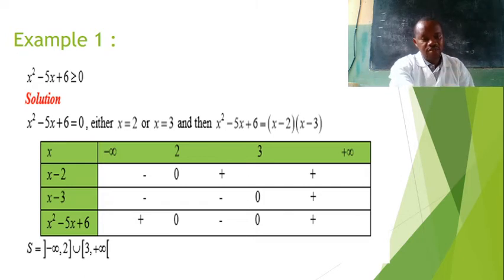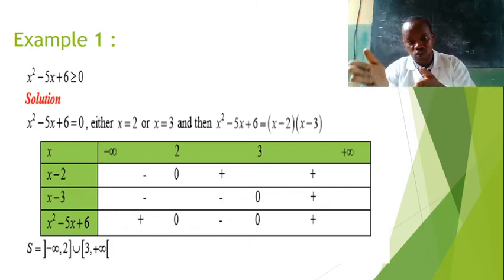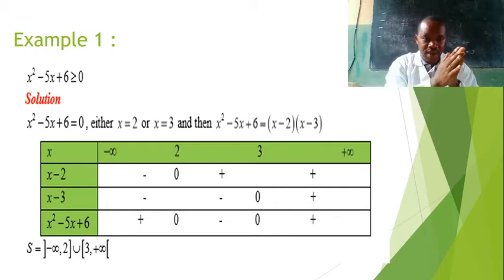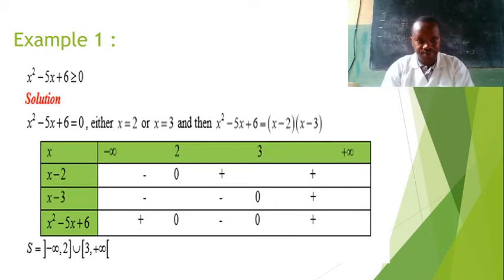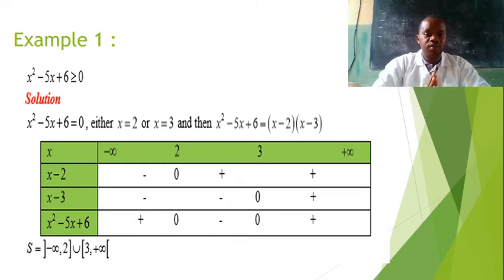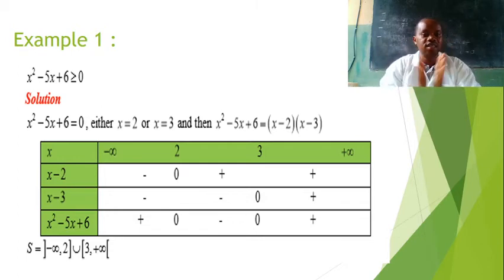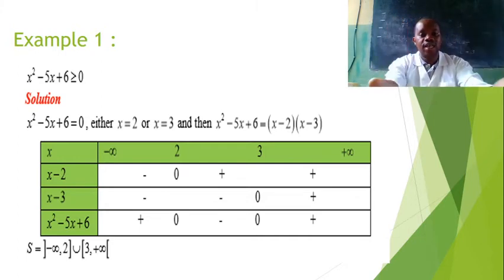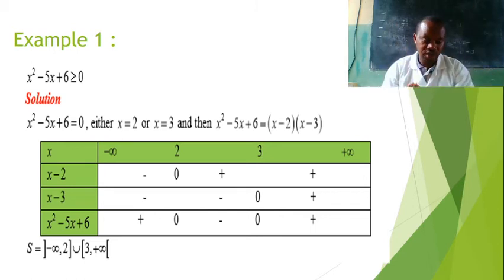For x minus 3, we are going to choose any number in the range between minus infinity and 3. And remember that we must not choose minus infinity or 3. We can take 0, 1, negative 1, or negative 3, so that the number is in the range between minus infinity and 3 exclusive.